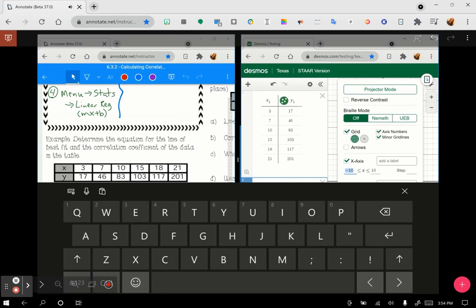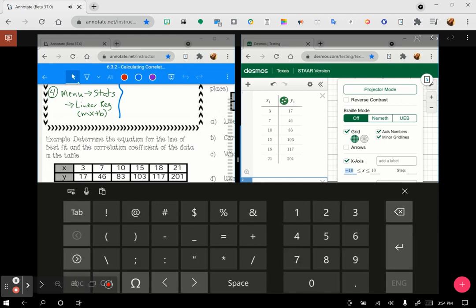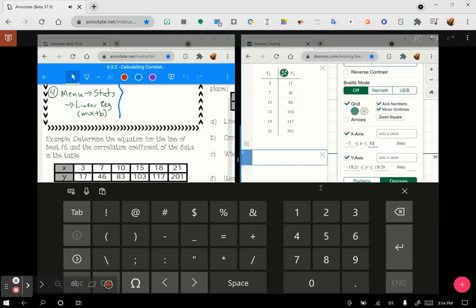So I'm going to change this to a -5, and we'll do 30. And then on the y-axis, I'm going to change it as well. Notice the lowest is 17 and it goes to 201. So I'll just start it at 0 and have it go to 225.